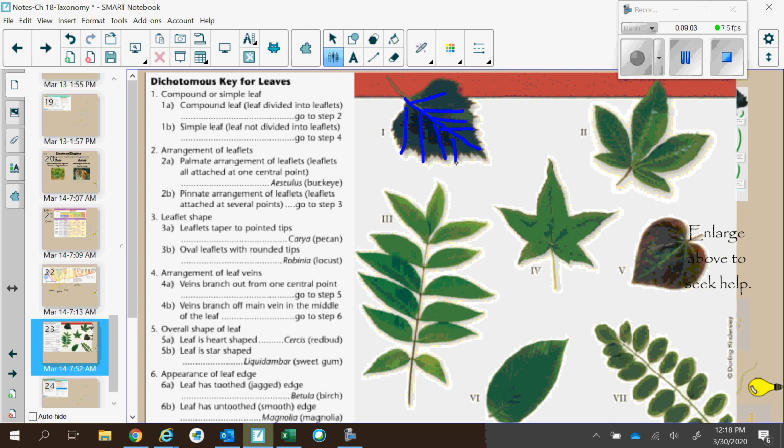That's branching off a main vein. So we go to step 6, a leaf edge. Is it jagged or is it smooth? And right here, this looks jagged. So number 1 is going to be Betula, or the birch leaf. Then you go on to number 2, 3, 4, and so on, and identify each one.